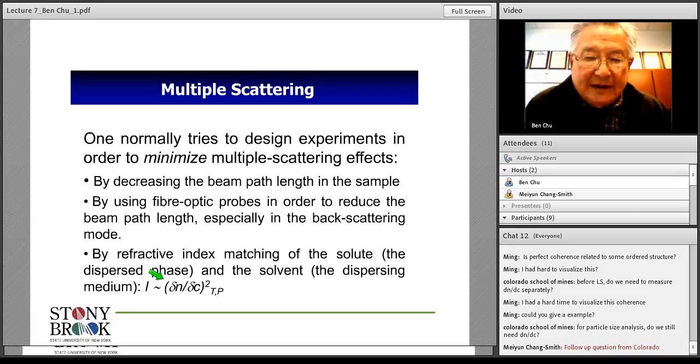There are many different optical setups to try to increase the coherence in light scattering. But it doesn't mean that if you do it a certain way you can get perfect coherence. You can never get perfect coherence. Usually, by using fiber optics with very small regions to look at, the coherence factor, beta, will increase.